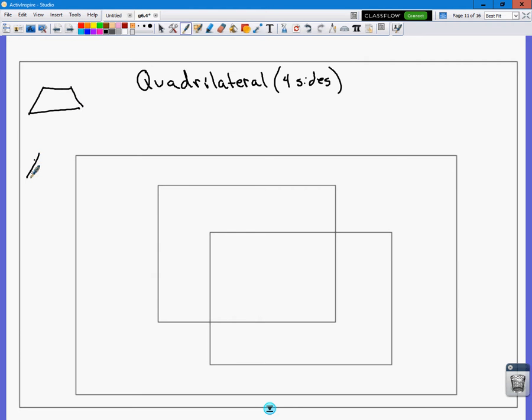I could be talking about a kite. But then we talked about something specific. We talked about a parallelogram. And a parallelogram, we knew that the opposite sides had to be parallel to each other.